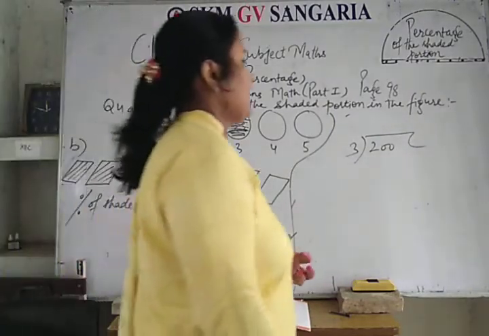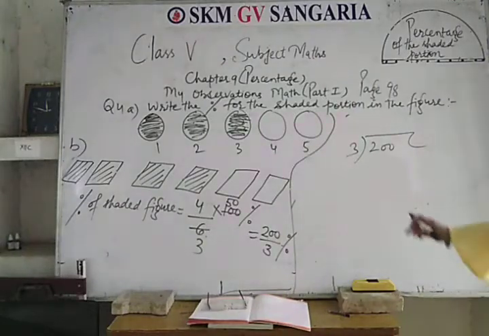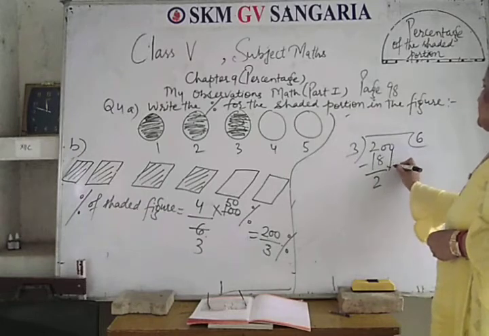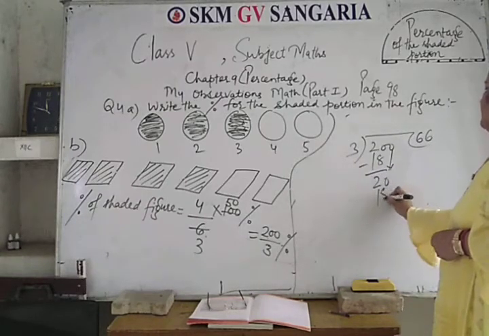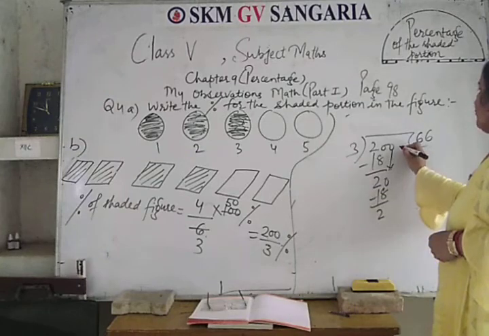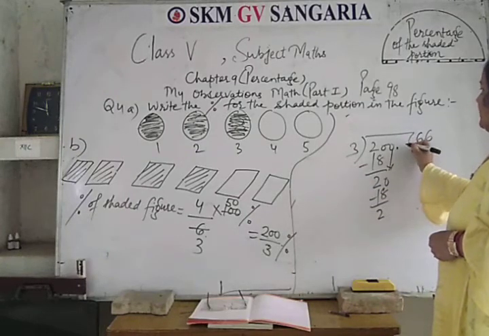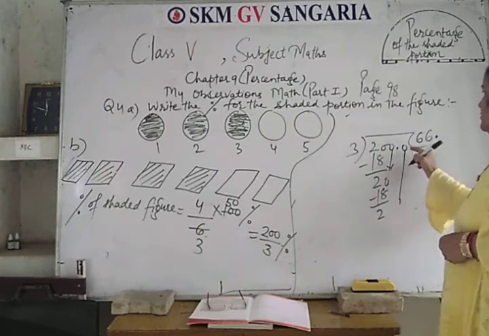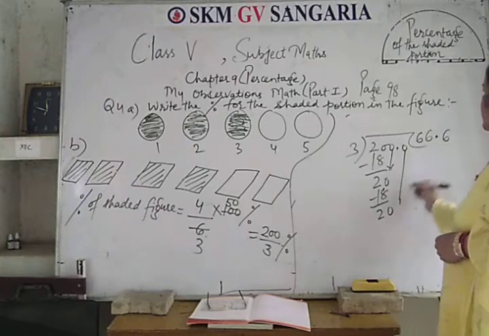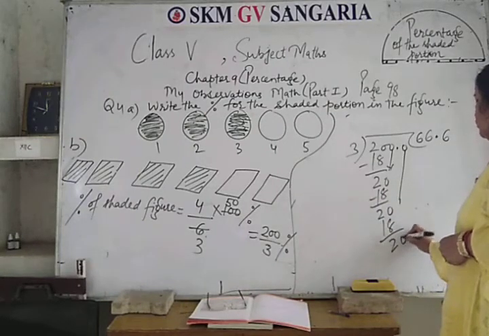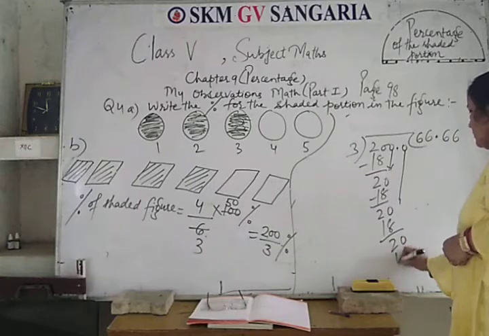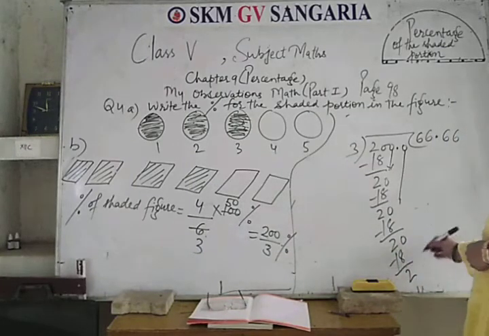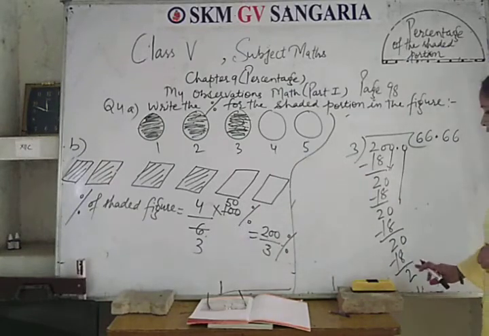Start dividing 200 by 3. How much are you getting? 3 sixes are 18, take 0 as carry. Again you can take 0, then after the decimal 3 sixes are 18, again 2 remainder. It will not be terminating; the remainder 2 will keep coming. You can take many zeros one by one.